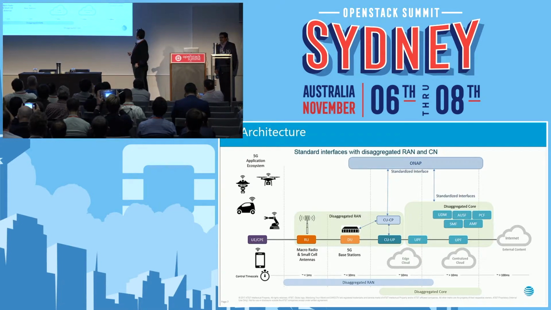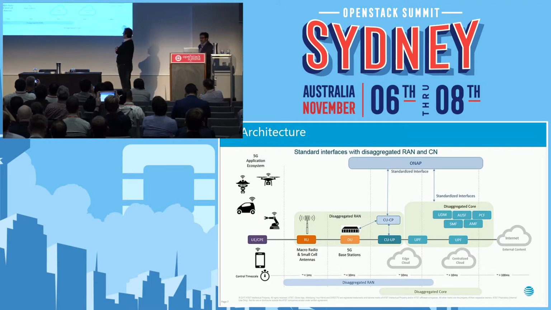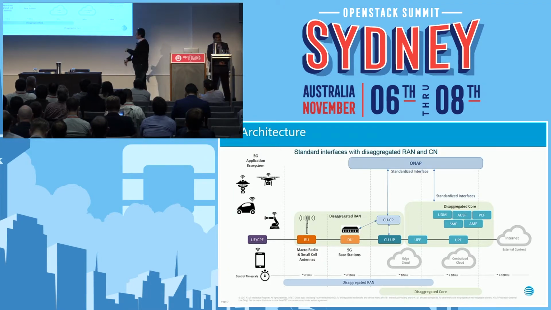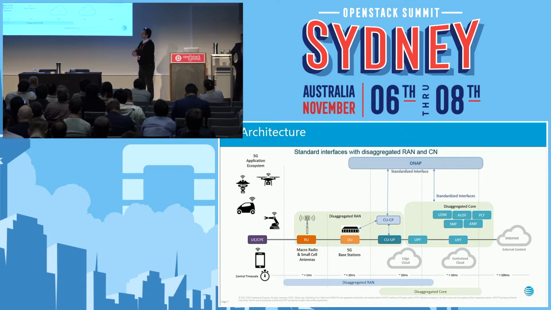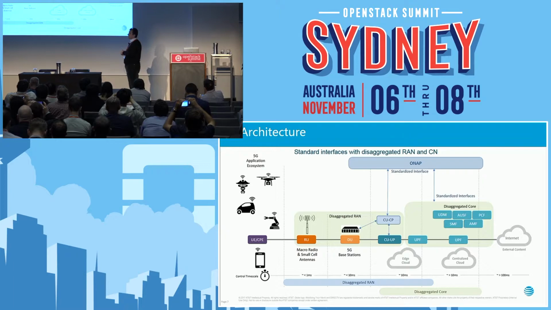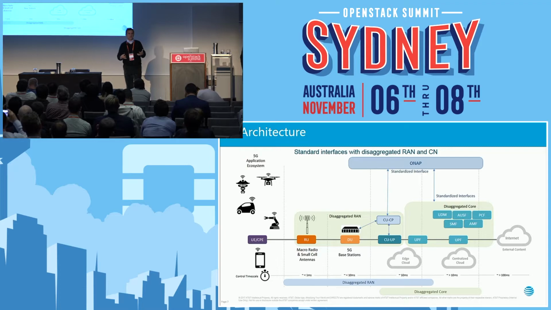Okay, let's get back to the 5G architecture story. Now, as Hasib mentioned in passing, control plane, user plane. Actually, separating control plane from user plane is a very big deal. That would not have been possible if we didn't develop these SDN technologies.